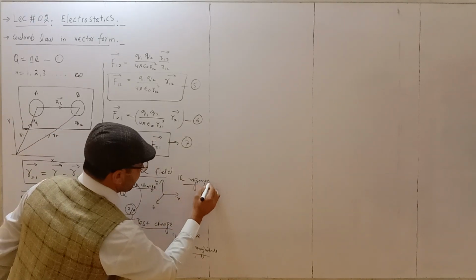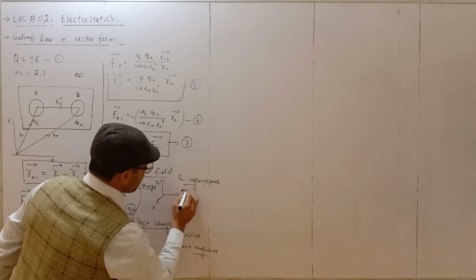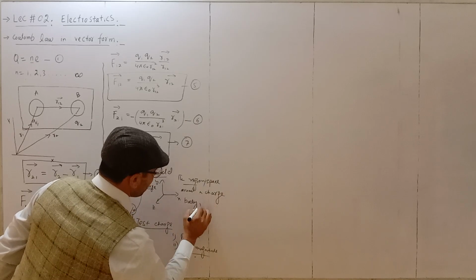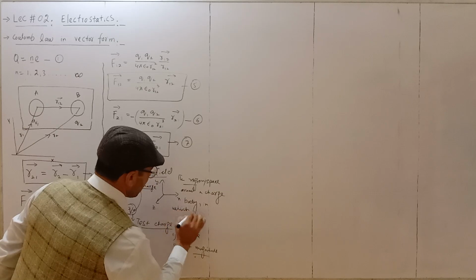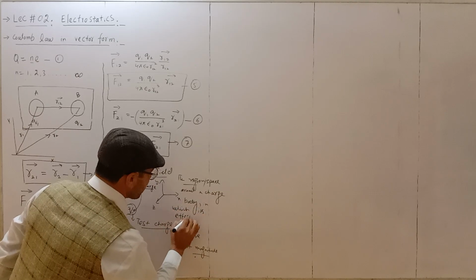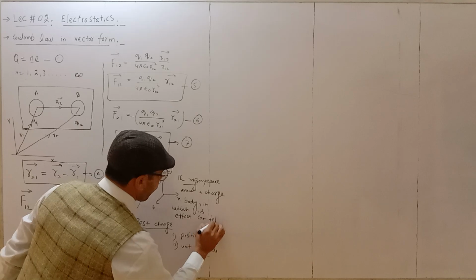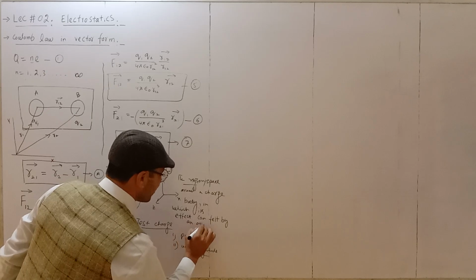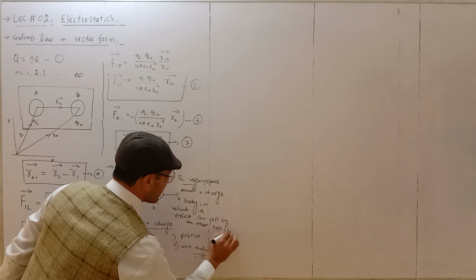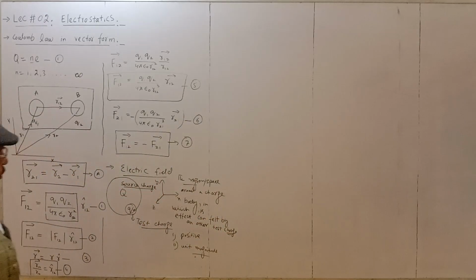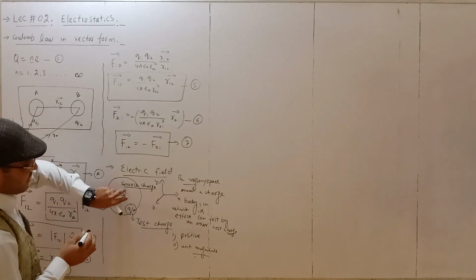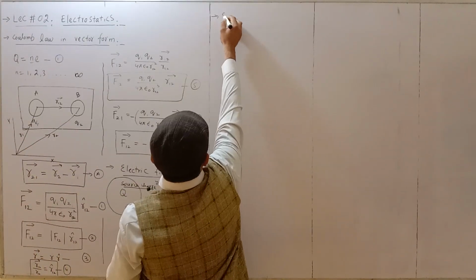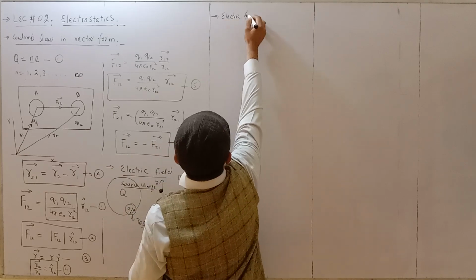The region or space around a charged body in which its effect can be felt by another test charge. How much force is exerted by this charge on a test charge is called electric field intensity.